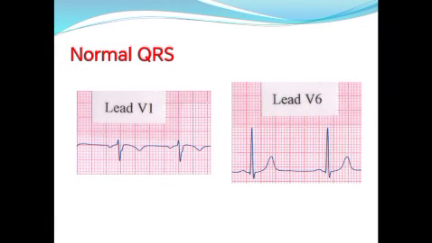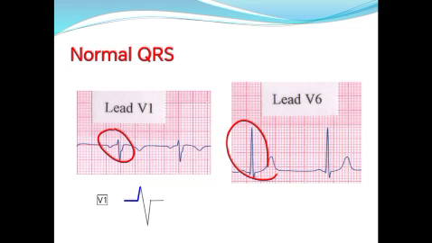This is a normal QRS complex. Usually we look at V1 here. It's like that, negative, and V6 positive, and we should know the transition zone. This is normal. Here in V1 we see a small R wave, and then V6 here.